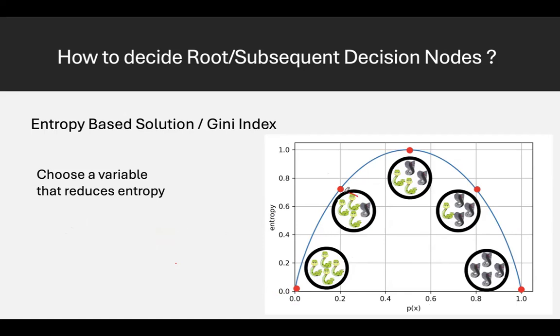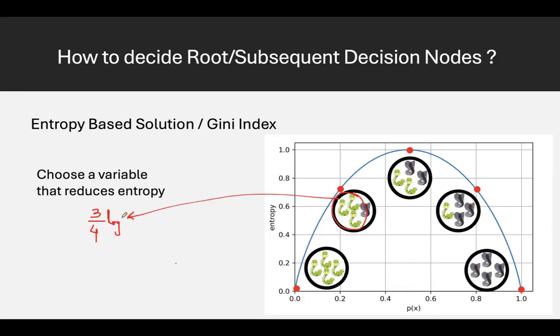I've just calculated the entropy for poisonous snakes. I can also calculate the entropy for non-poisonous snakes, which would be the probability of non-poisonous snakes, which is 3 over 4 in this circle, multiplied with log of 3 over 4.